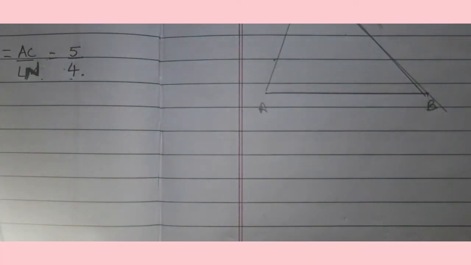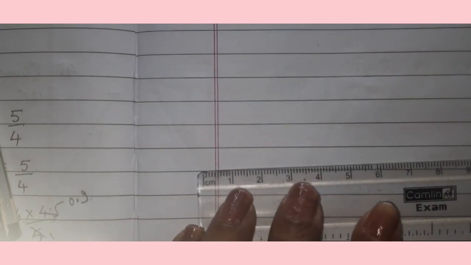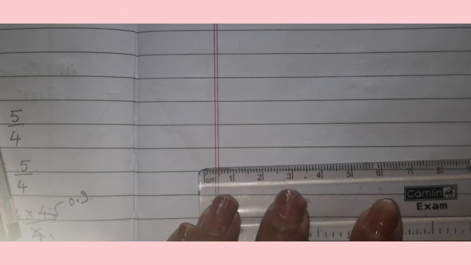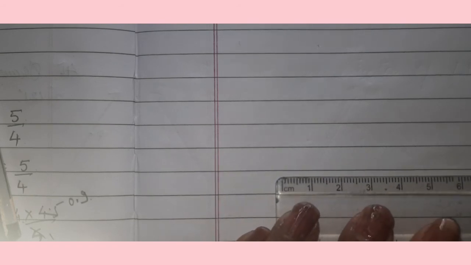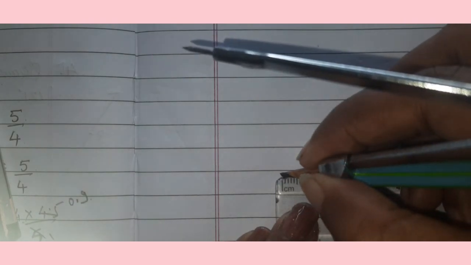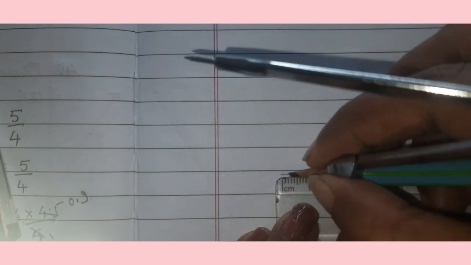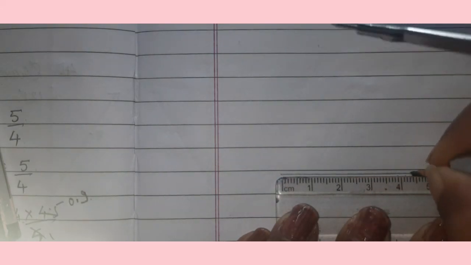This is triangle ABC. Now I'll be drawing triangle LMN. For triangle LMN, my base will be LM. LM is 4.4 centimeters. So 4.4 centimeter, 4 lines after 4.